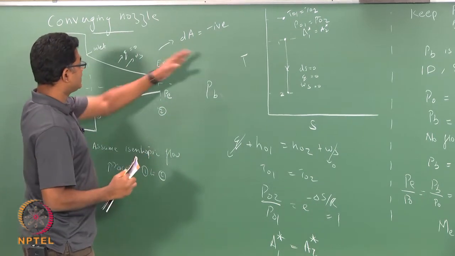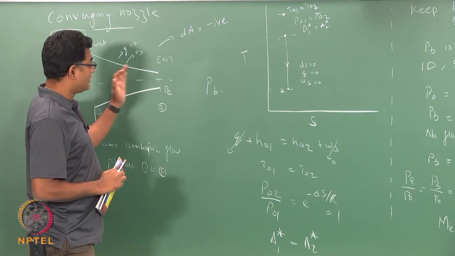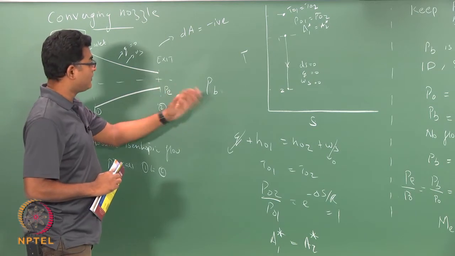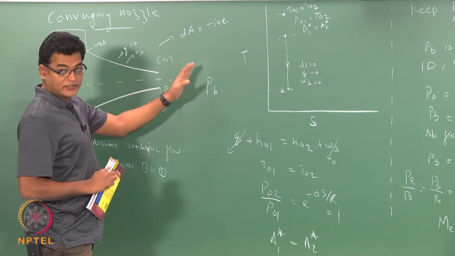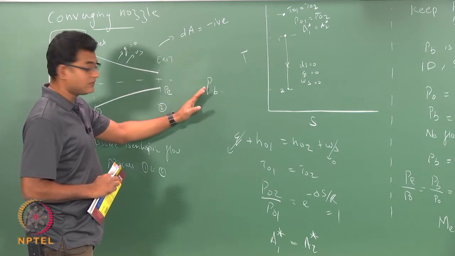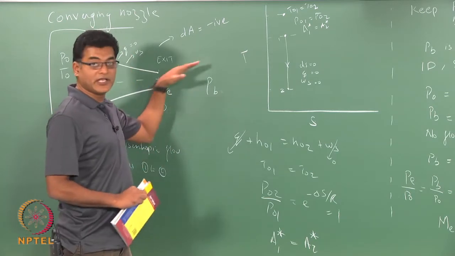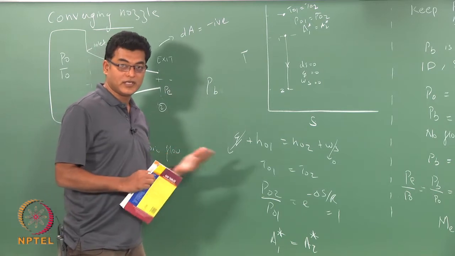Okay. Now dA is negative, inlet Mach number is subsonic, and it has reached M equals 1 for some pressure ratio. Now if I decrease it further, you are getting a pressure ratio related to supersonic flow, but there is no area increase. So the flow cannot go beyond M equals 1.